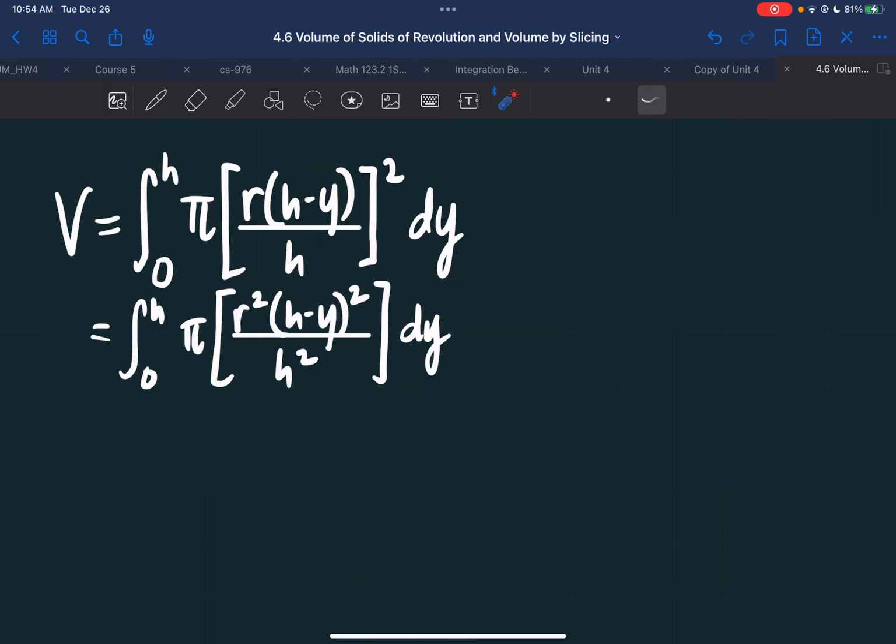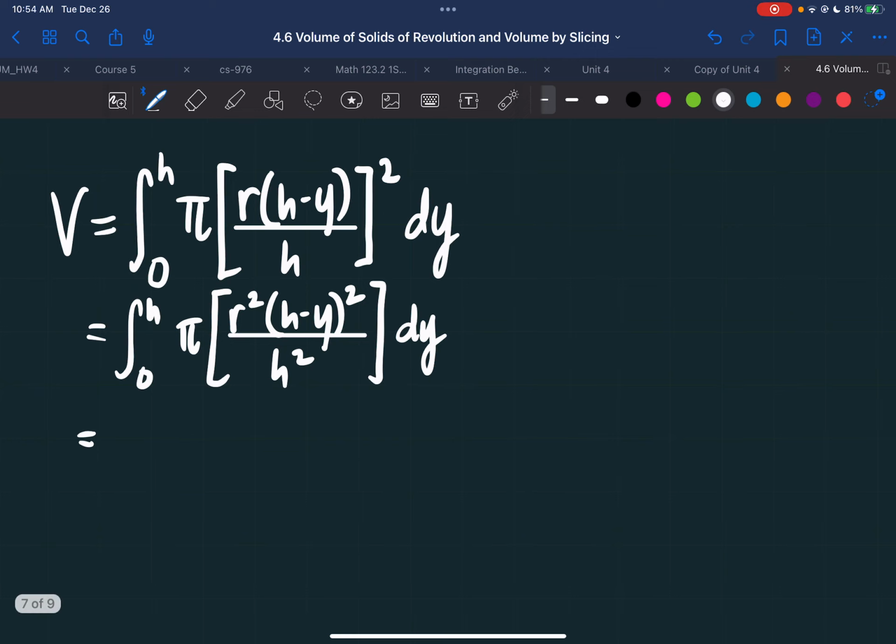As you can see here, you have a constant coefficient pi. And in this part right here, we know that r and h are constant. So we have constant factors right here. So we can put this entire thing outside our integral sign.